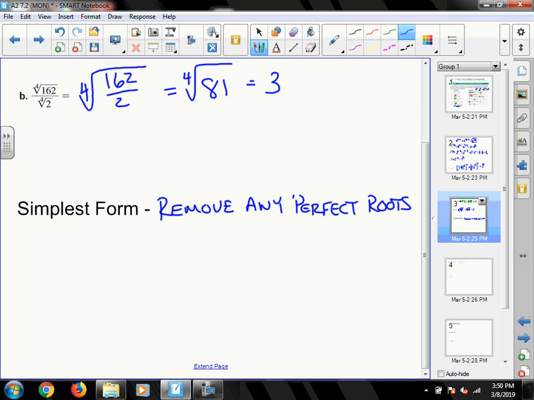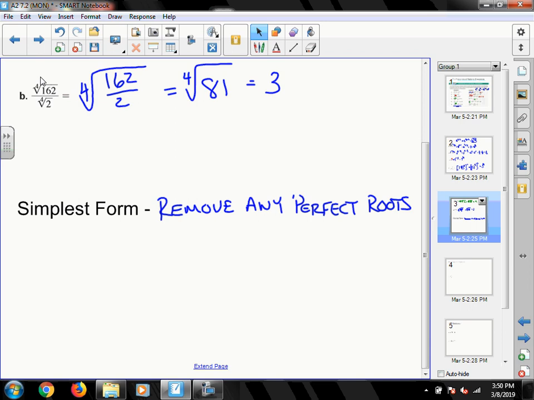You guys did things like this. If I give you the square root of 50, you know that 25 multiplies into 50, and 25 is a perfect square. So we're looking to do that. Now we're just making sure that we get those with higher powered roots, whether it be a fourth root, cube root, whatever it is.